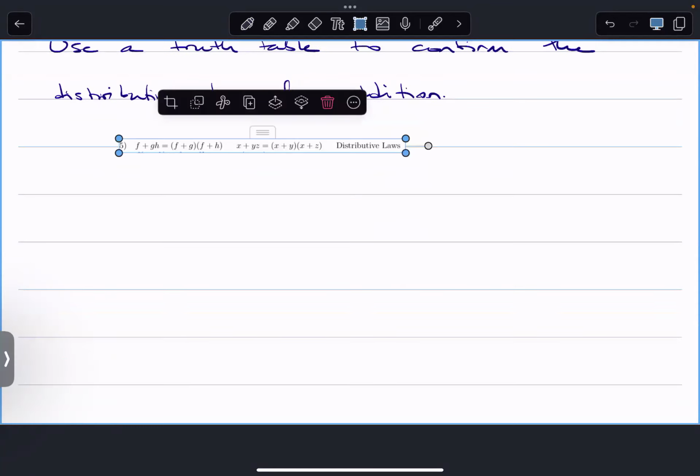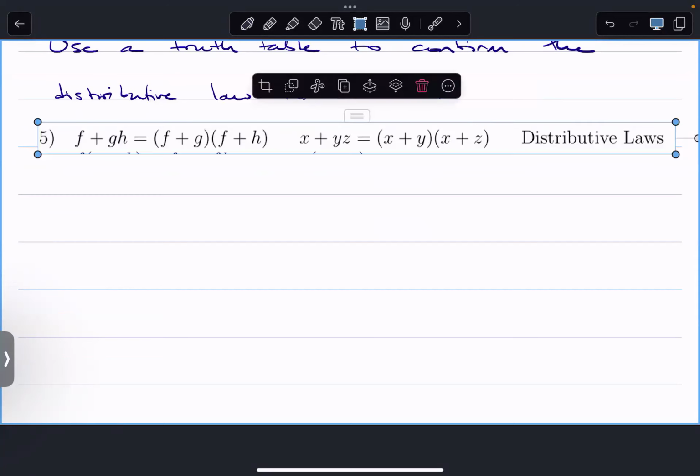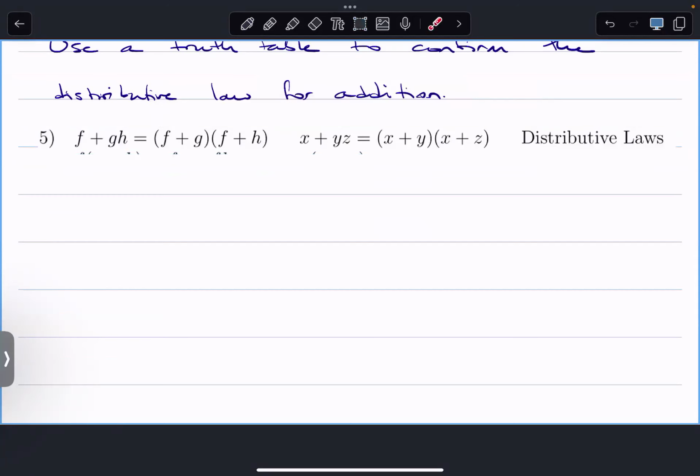Looks like this. You can use F plus G H, but I'm going to use the X Y Z just because we have the X Y Z on our practice. There's a difference between the two, and this is the function, and these are the variables, I think, or something like that. I can't remember exactly off the top of my head, but I'm going to use this one.